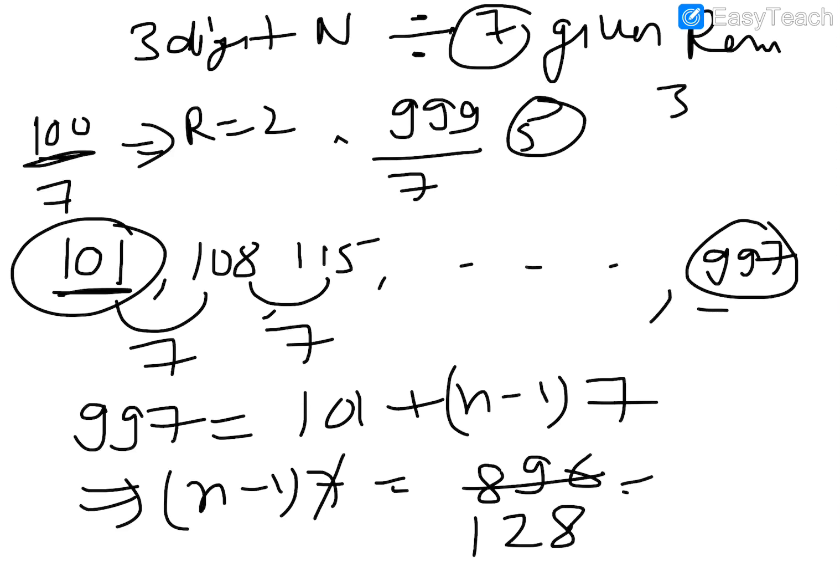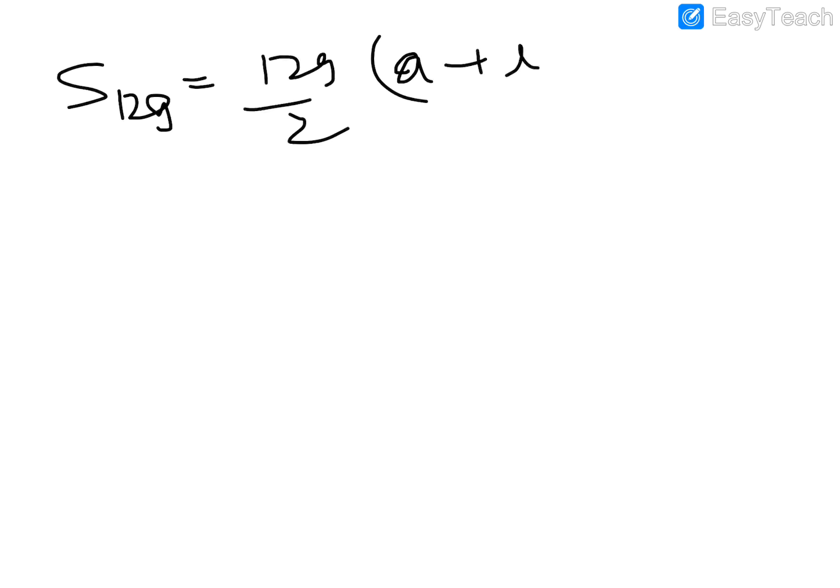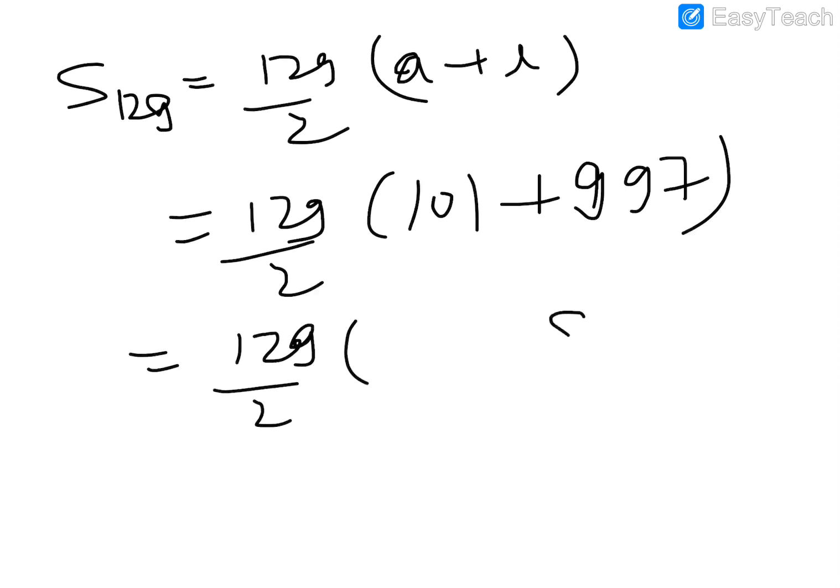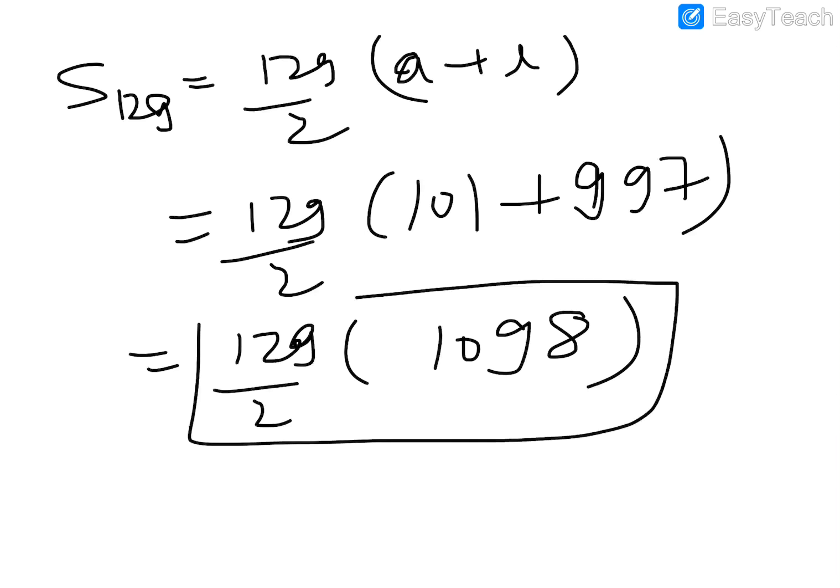Okay, so we are getting n is equal to 129. So now what will be the sum? It will be 129 by 2 into first term plus last term. First term will be 101, and the last term is 997. So 129 by 2 into what you are getting? 1098. So wait, got it?